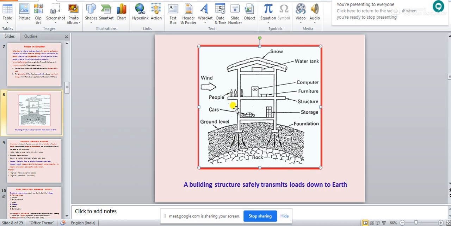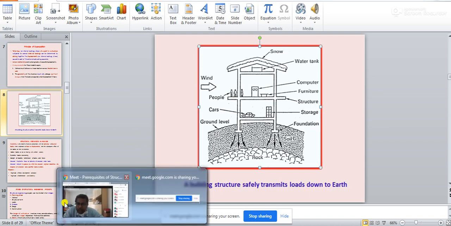As I have explained, only the member loads, that is the load from the beam, column and slabs, will be considered as dead loads. All other loads, like the loads from people, computers and furniture, will be considered as live load.